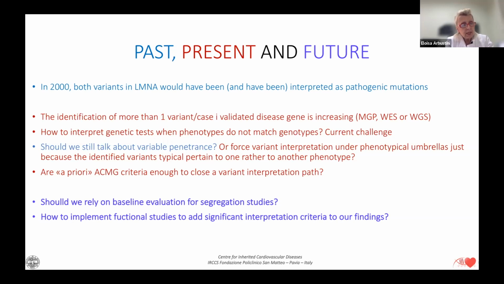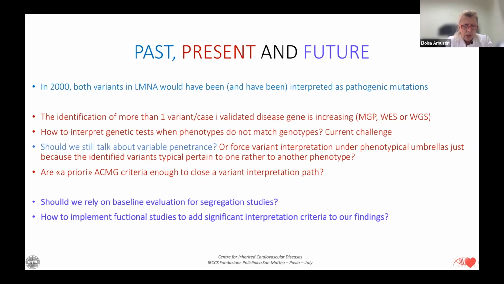We are obviously in the setting of cardiomyopathy, but in a setting of cardiomyopathies which may carry different, for example, arrhythmogenic risk, or different risk of heart failure or evolution to end-stage heart failure and need for transplantation. Another question is, should we still talk about variable penetrance when we have such important discrepancies in the phenotype, for example, the second proband and the sister?